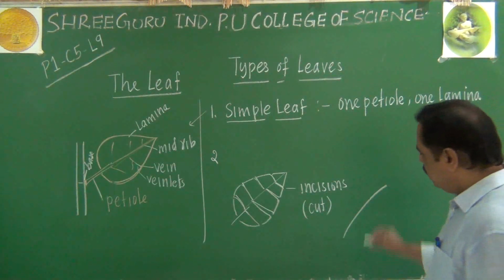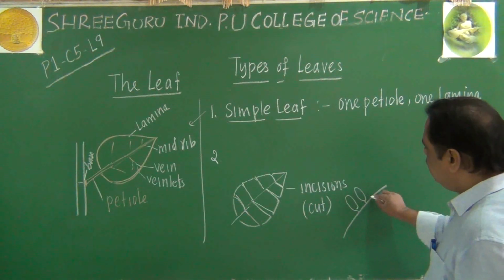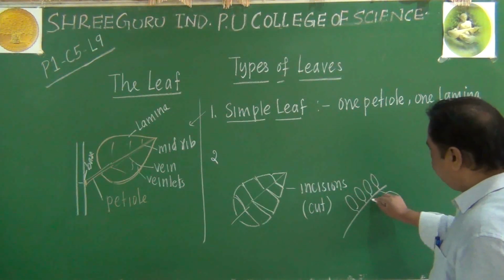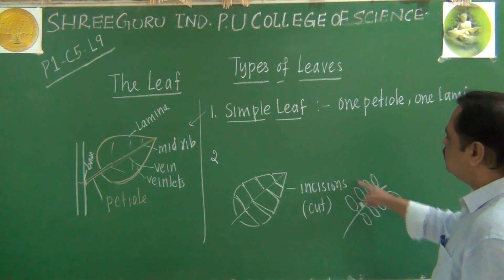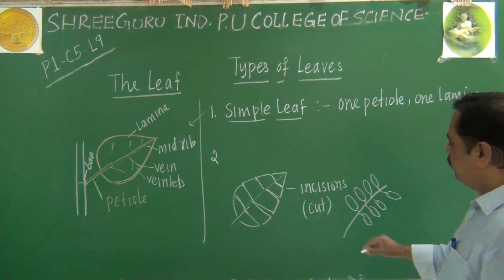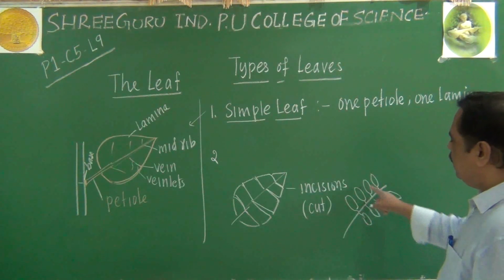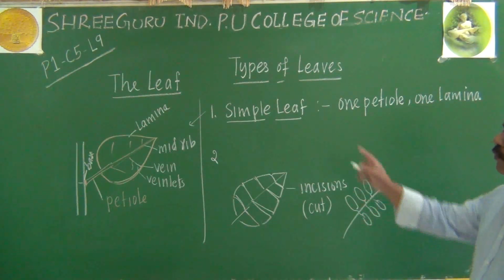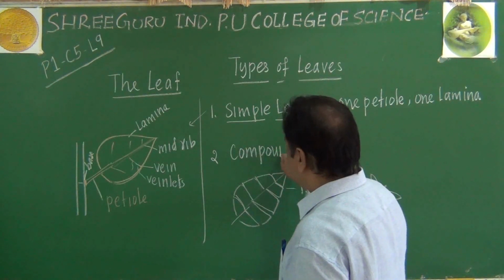This is the petiole, but here you will come across many small leaf-like units because of the incisions made. Such a leaf has one petiole and many lamina. Do you get my point? One petiole with many lamina is called a compound leaf.